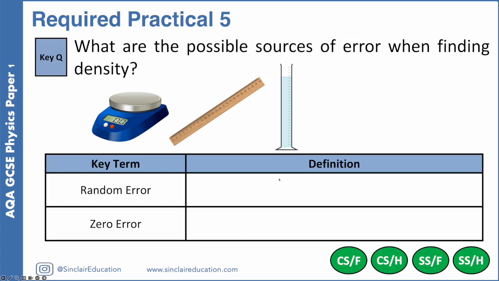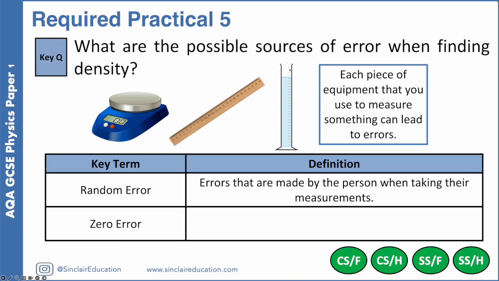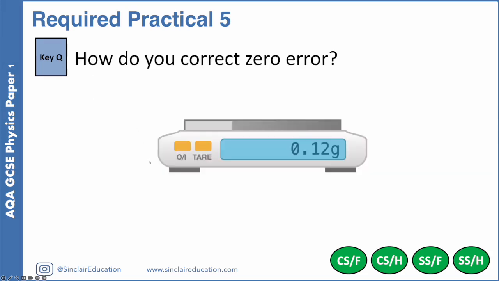Be prepared again for discussions around errors here. So there are random errors and also zero errors. Every time we use a piece of equipment, there is a chance that an error could occur. Now, both measuring volumes and lengths introduces this random error of parallax error again, while a zero error is when you've got a piece of equipment that hasn't been reset to zero properly and is a systematic error that's applied to every single result that you take until you realise and correct it.